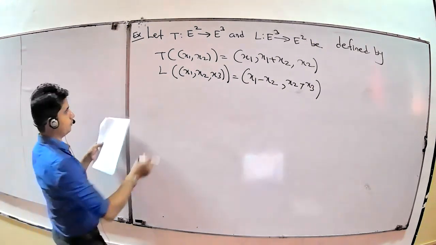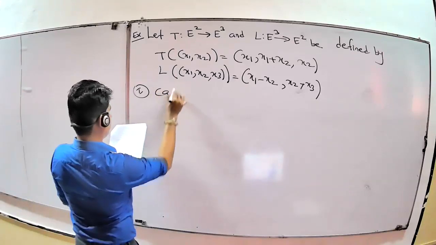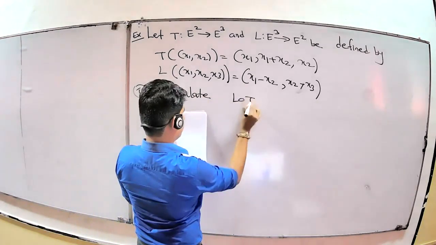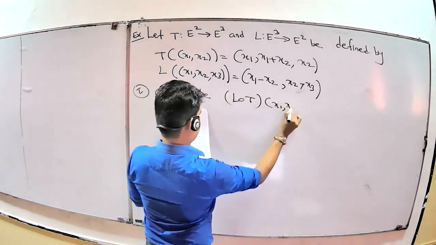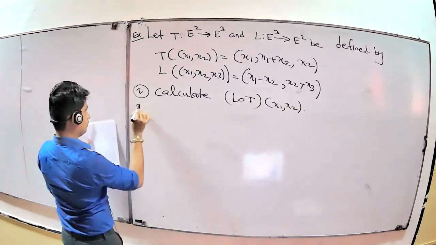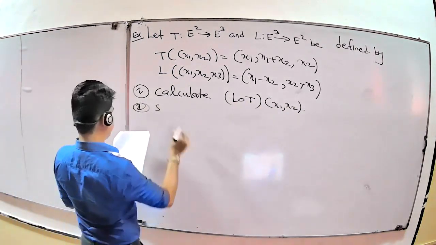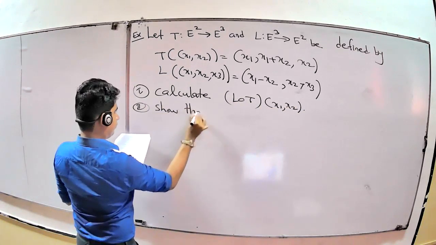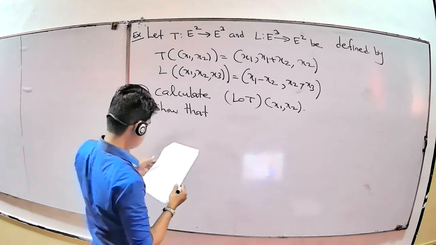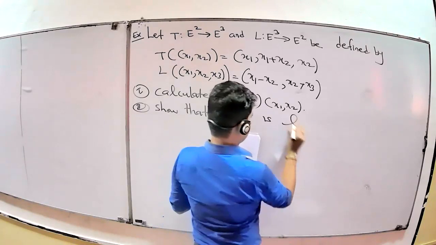First question, calculate L composition T of x1, x2. Second, show that L composition T is a linear transformation.